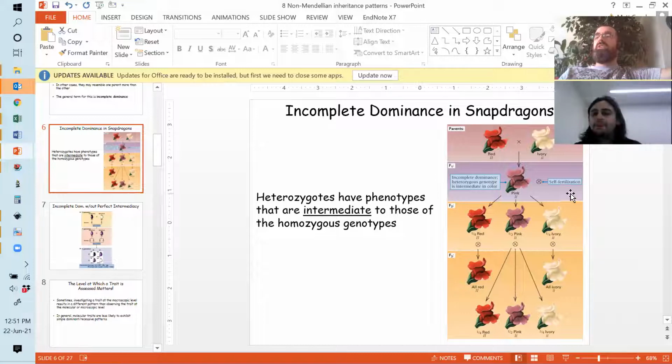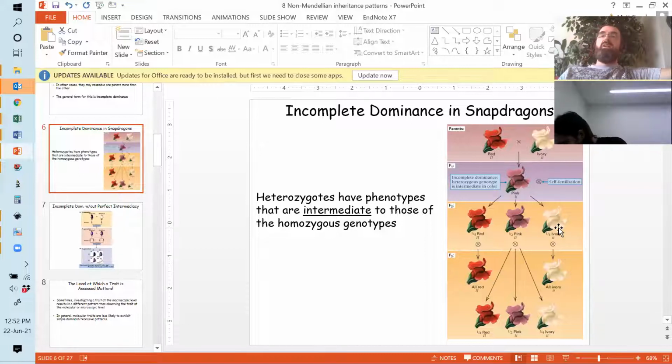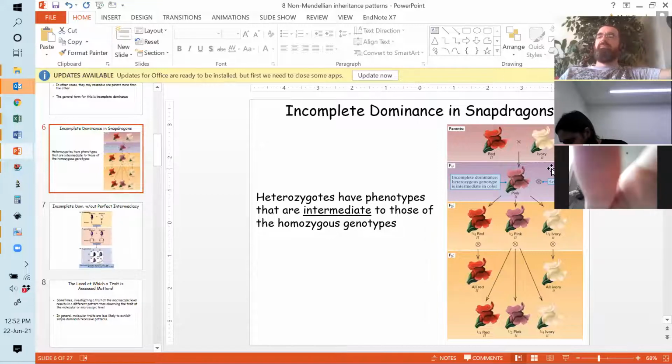You get a certain level of function from each functioning allele. So if you have two functioning alleles, you have a lot of pigment, you have a deep color. If you have one functional allele, like in a heterozygote, you have some color, but you don't have enough to completely mask the background color of the recessive phenotype.